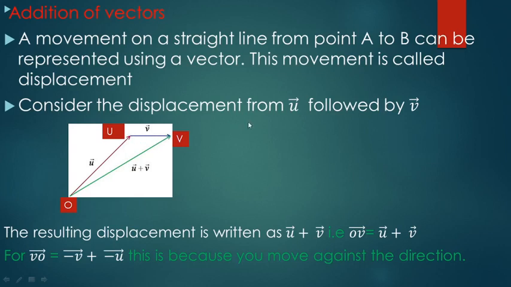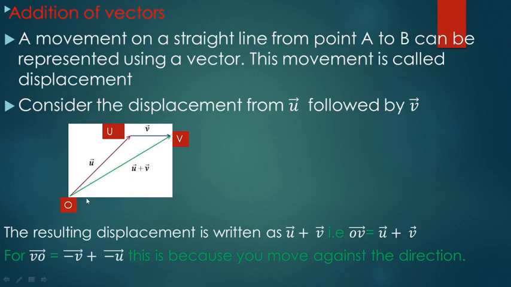If we have OU, it is U vector, and UV is V vector, then this is the vector displacement OV. So OV is U vector plus V vector.